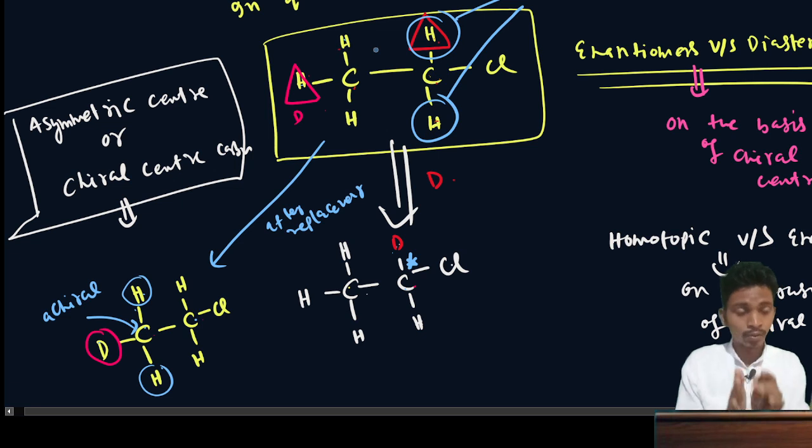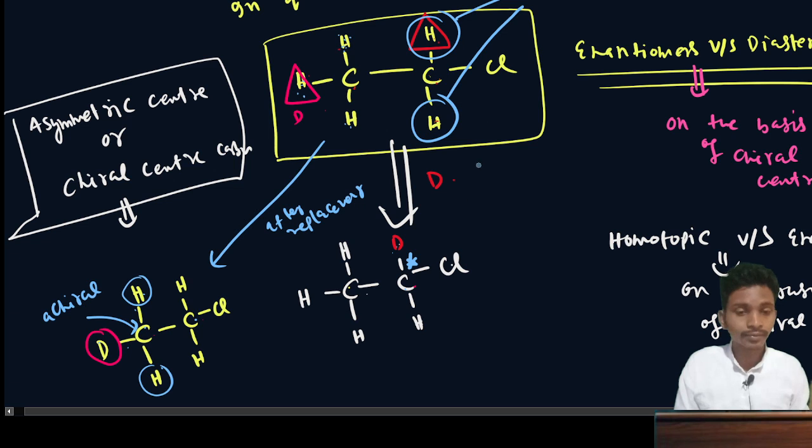First, for diastereotopic, we check without modifying whether a chiral center is present or not. Without modifying, if there is no chiral center, then it cannot be diastereotopic. For enantiotopic and homotopic, after modifications, if you get a chiral center, that is enantiotopic, and if after modifying you do not get a chiral center, then that is homotopic. So these three are homotopic, and they will give the same signal, one signal.